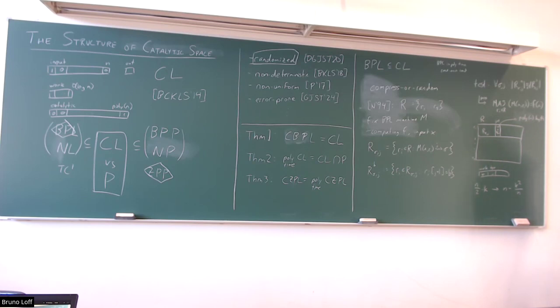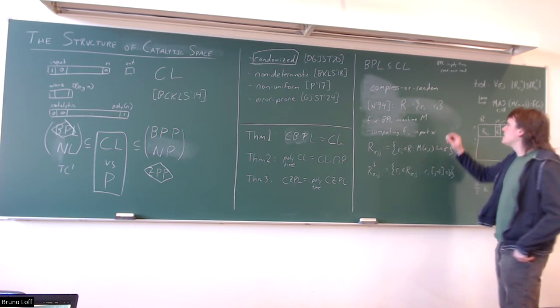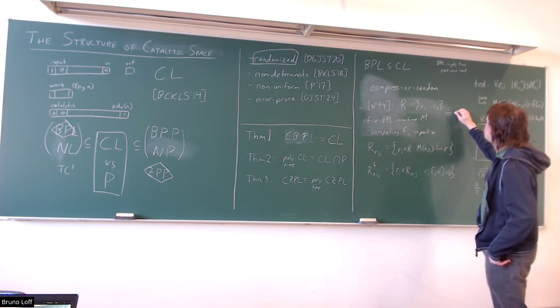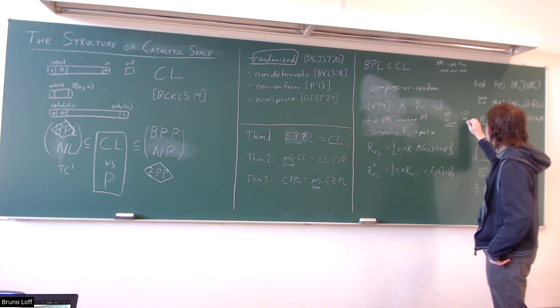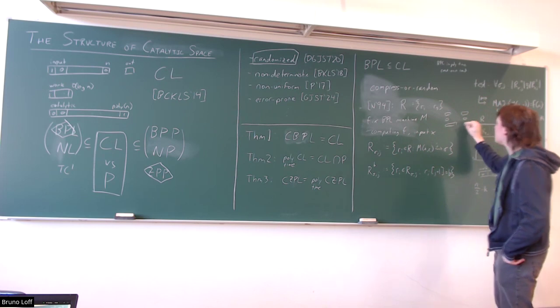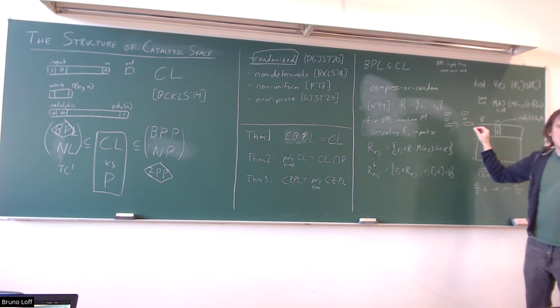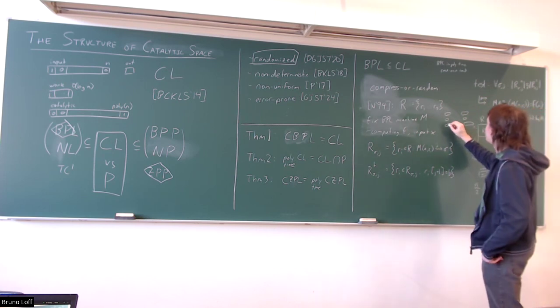Yeah, so, right, I haven't even gotten around to defining CBPL, but intuitively, let me just draw a picture. Your BPL machine had an input tape, a work tape, and a random tape. And your CBPL machine has an input tape, a work tape, and a long catalytic tape. Now, if you have a CBPL algorithm, what happens?